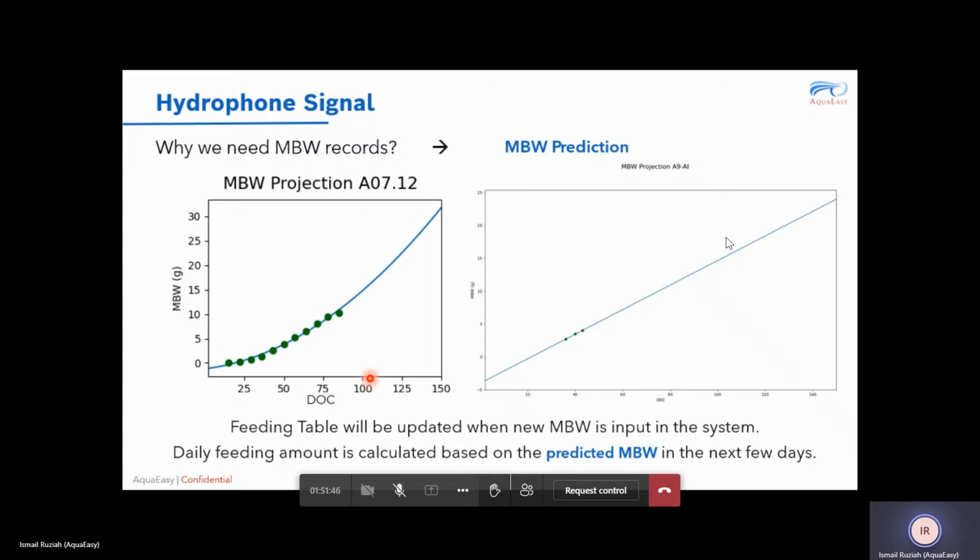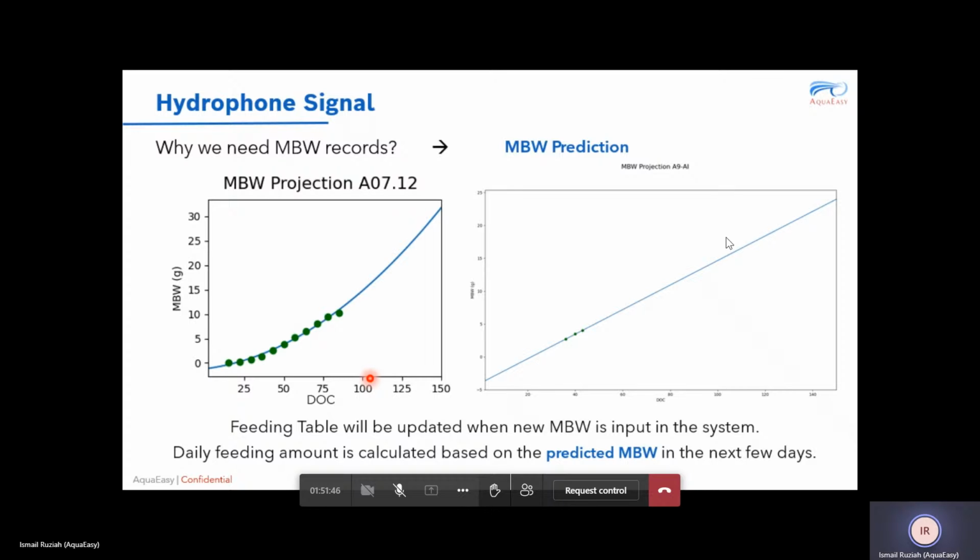And the second question is, if we have bigger ponds, if we put like 2 hydrophones, will we get a better signal, or is 1 hydrophone enough? If so, it's more about an economic problem, like two hydrophones is more expensive.